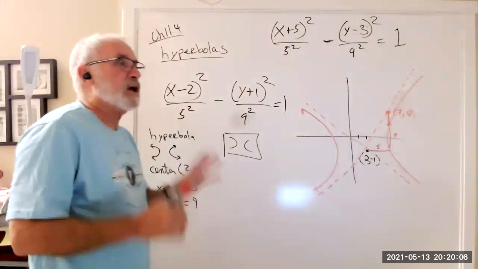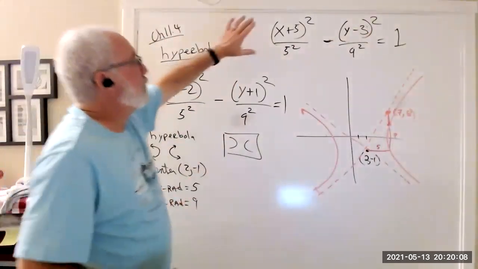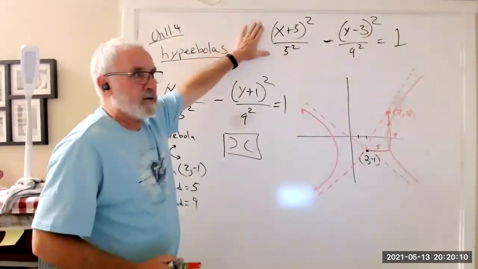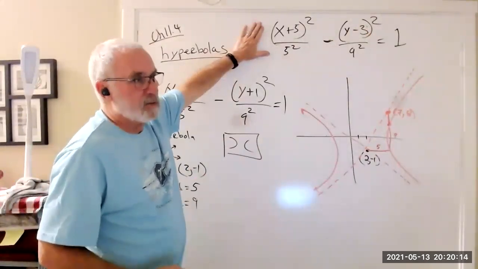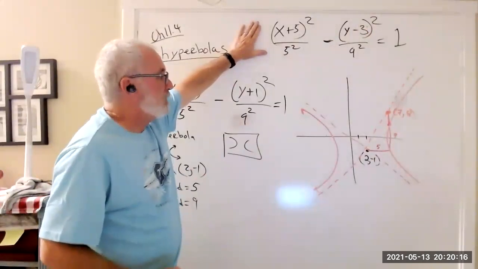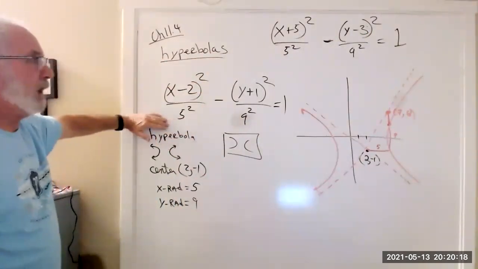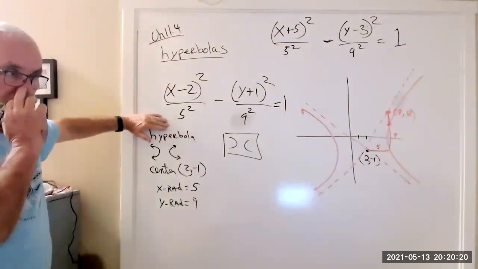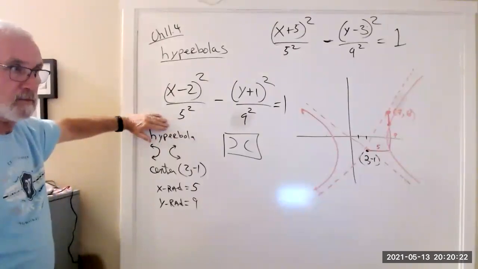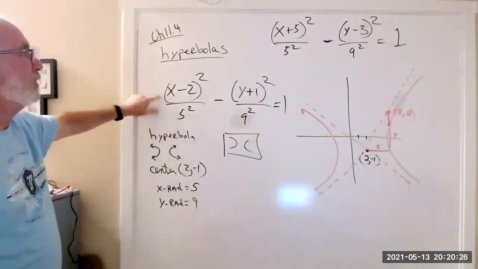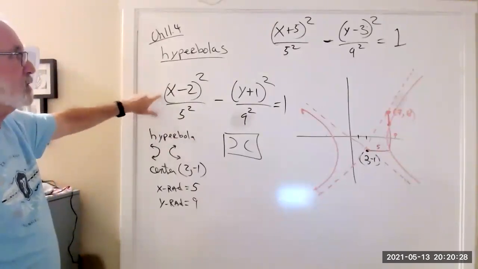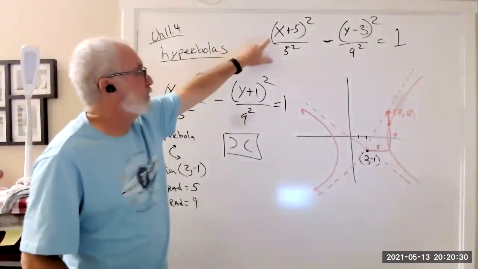Now, think about if we sketched this graph, how would it be similar? How would it be different than this graph? It would be up and down, correct? No, it's still got X, so it'd still be sideways. X is positive, so it's still sideways.